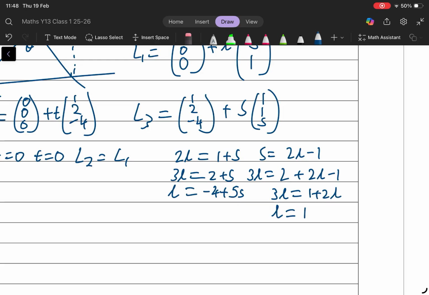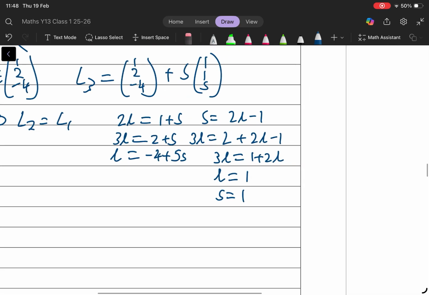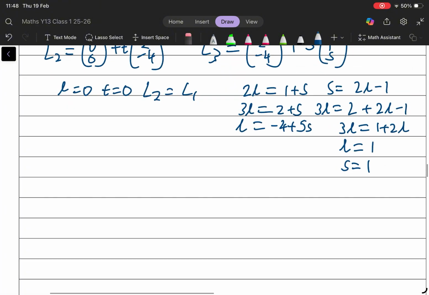Lambda equals 1. And s will equal 2 minus 1, 1, right? So let's see this. So 1 plus 1 is 2. This equals 2, yeah. I probably could have just solved that and then showed they're consistent. Yeah, okay. I definitely could have just done that in my head, but oh well.